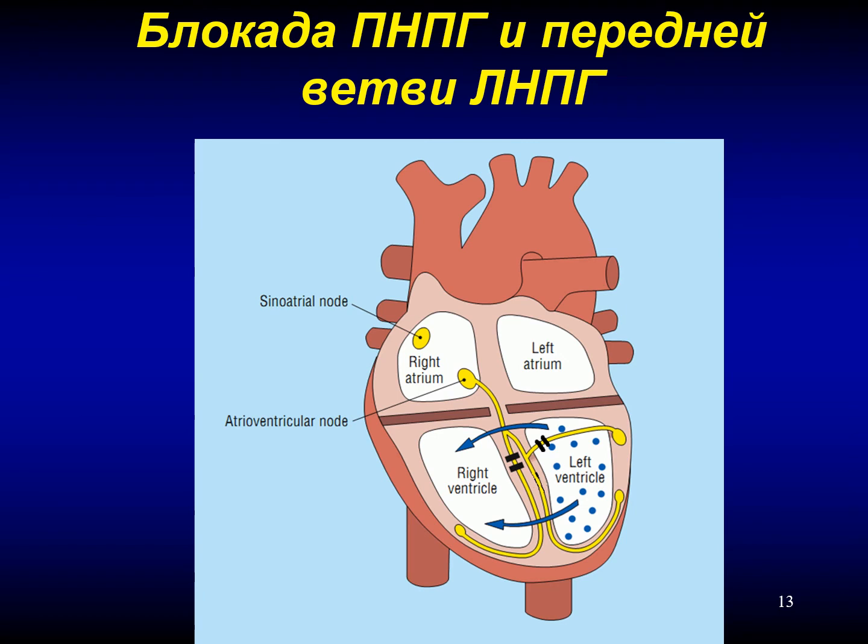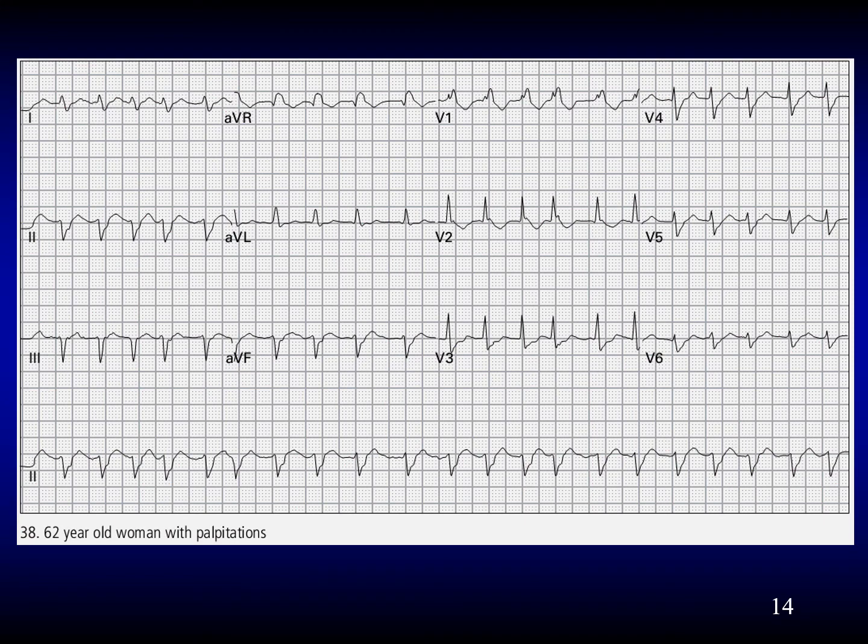Next variant. Blockage of the right bundle branch and the anterior part of the left bundle branch. So-called bifascicular blockage. What can be found in this case? We see signs of right bundle branch blockage, like M shape of the QRS complex in right chest leads V1, V2, but we don't have right shifting of the electric axis of the heart.